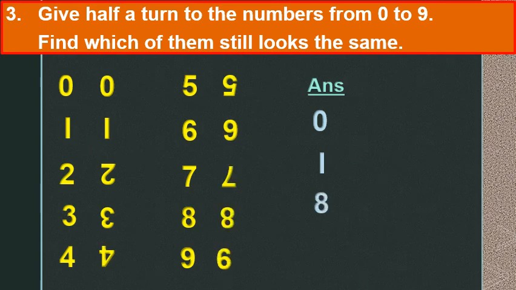And now the line obtained is of the numbers formed after a half turn. From this we can see that the numbers 0, 1 and 8 look the same after giving them a half turn.